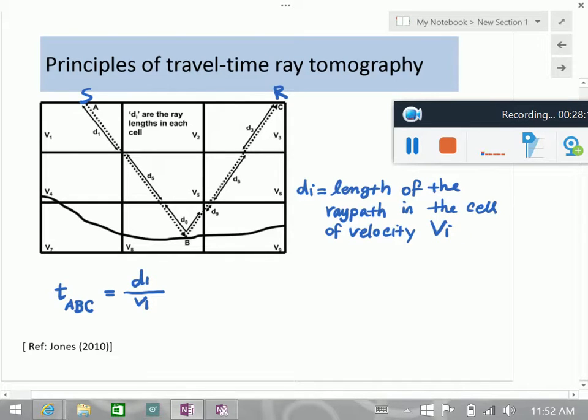So it would be d1 plus d2. So if we write it, we can just write it as a summation of di over vi, i from 1 to 9.